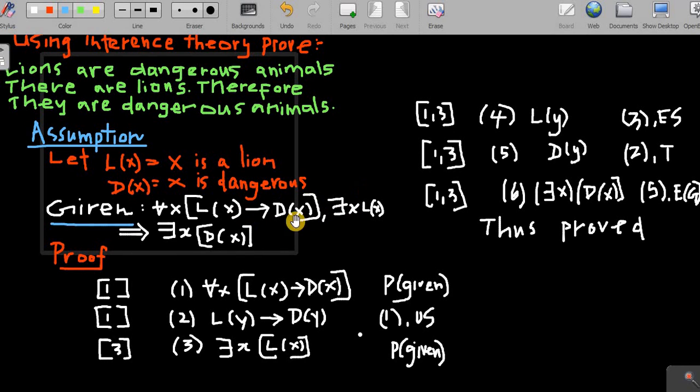At last we proved that there are dangerous animals. In logical notation, there exists x, D of x. There exists x which is dangerous. So thus, it is possible to prove a logical argument by using logical inference theory, also the tautological rule.